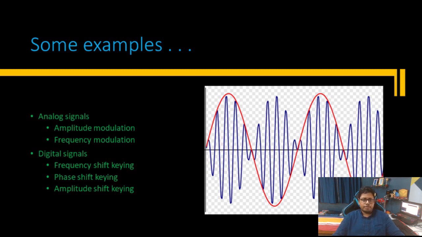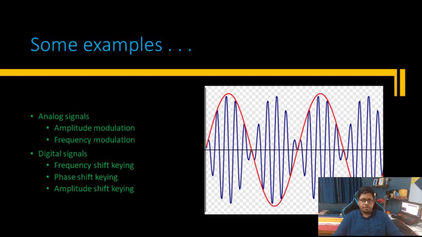These are some basic examples of modulation. For analog signals we have amplitude modulation and frequency modulation, commonly known as AM and FM, as you might already be knowing. And for digital signals we have the shift keying techniques for frequency, amplitude and phase. For digital signals there are many more techniques available to us, but at the base level we have these three.